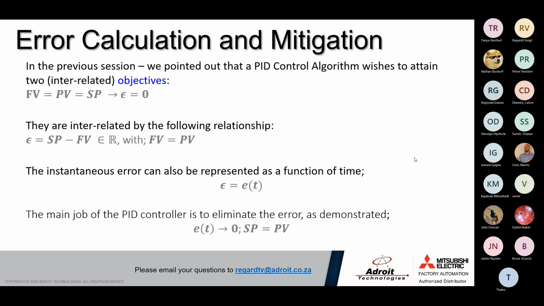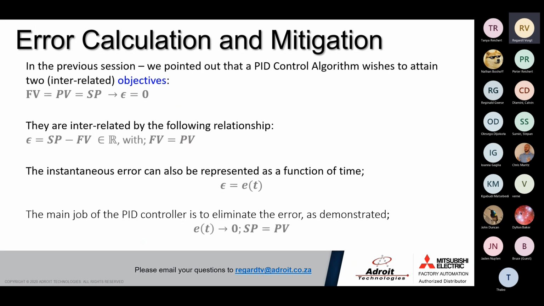Right. So as I mentioned in the first section, the purpose of PID control, or the principle of operation, is to mitigate the error. The error is defined as the difference between a set point, aka what the user wants the process to be in terms of temperature, level, flow rate, or whatever, and the process variable, which is the actual measured value of the process.